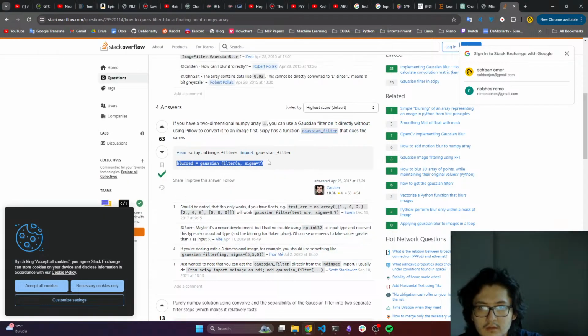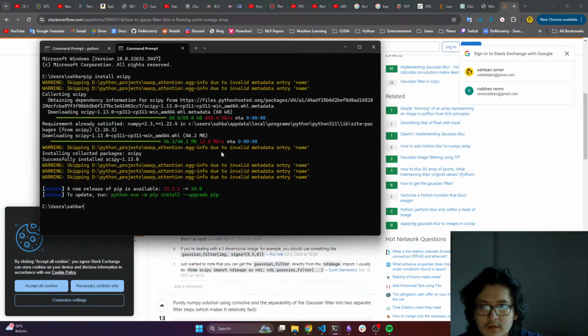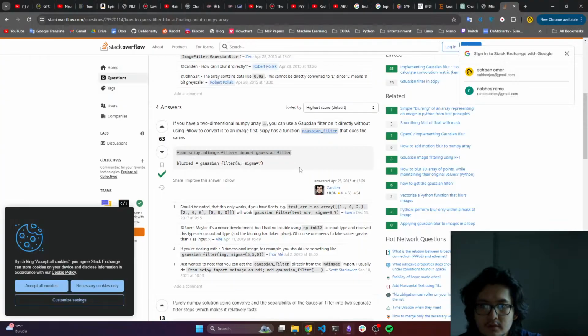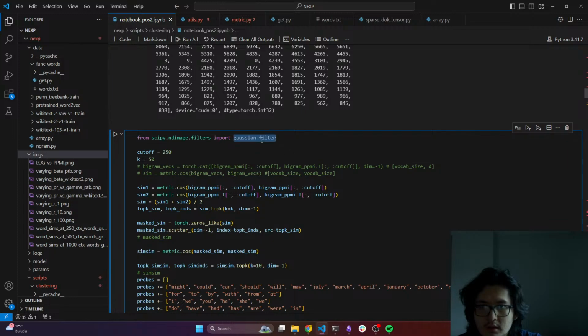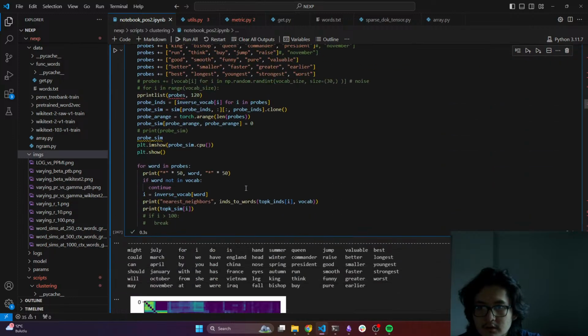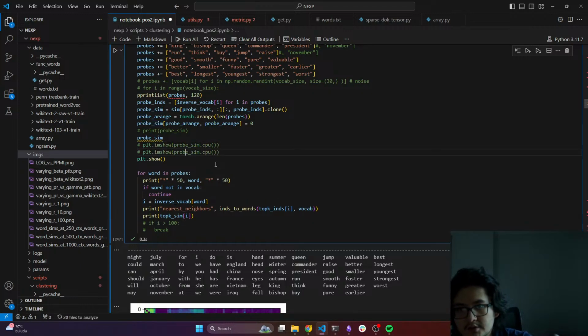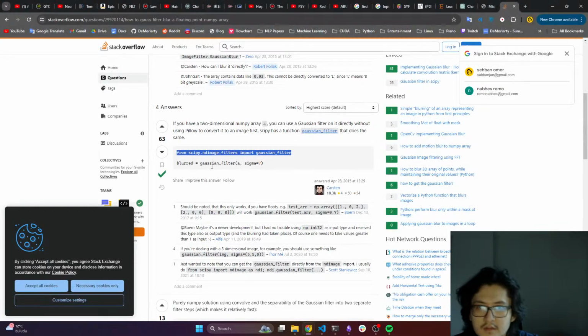So I'm going to import Gaussian filter, and then I'm going to Gaussian filter this out of it, okay? What else does it take?